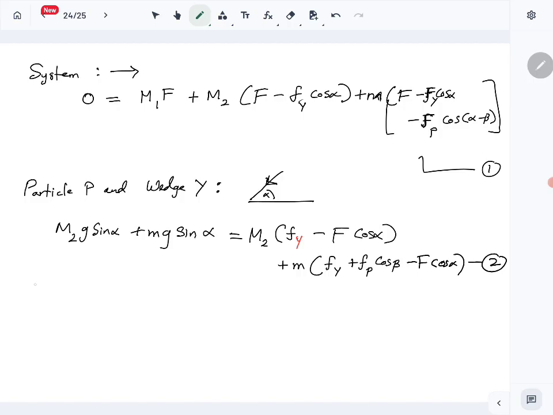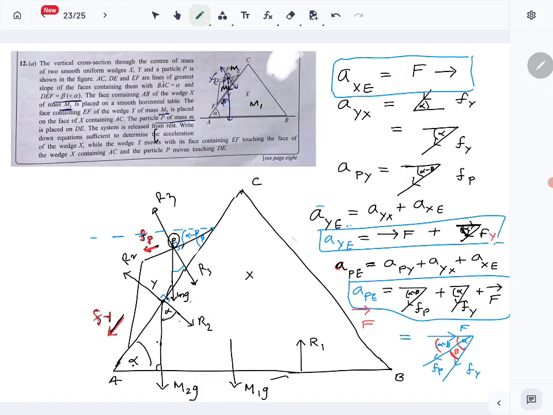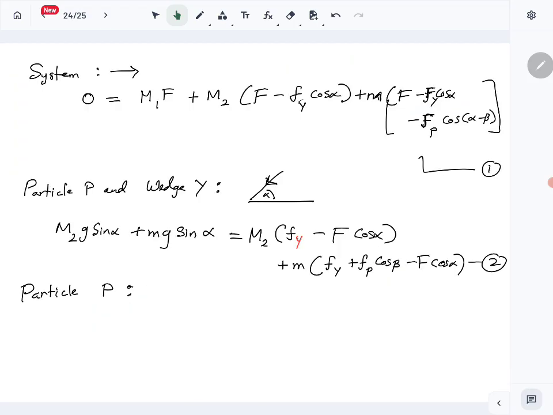We need one more equation, so that is going to be using particle P only. So particle P is going in which direction? That direction. So we will apply F equals ma to that direction, alpha minus beta angle direction.